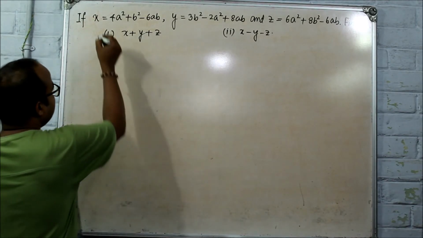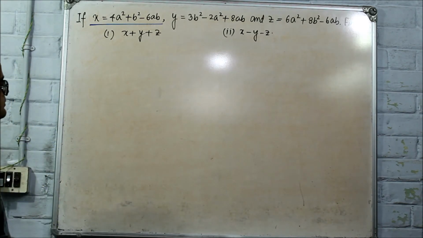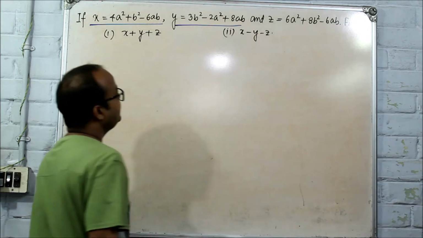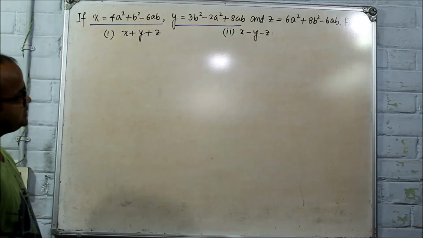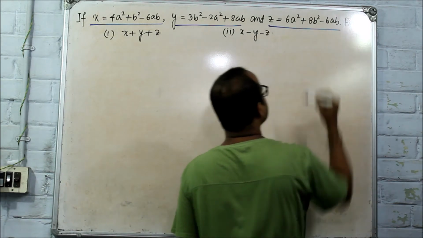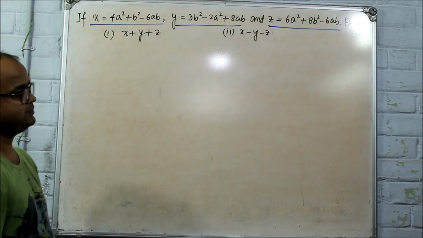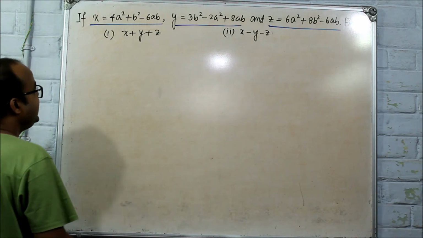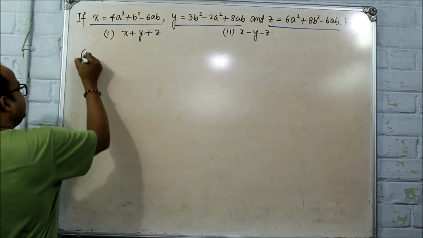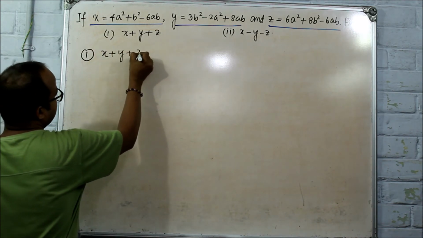If x is given as 4a square plus b square minus 6ab, y is given as 3b square minus 2a square plus 8ab, and z is given as 6a square plus 8b square minus 6ab. We have to find out x plus y plus z. So let's complete the first sub part. x plus y plus z.